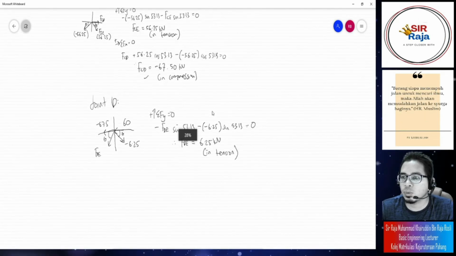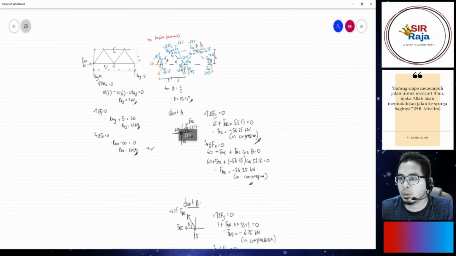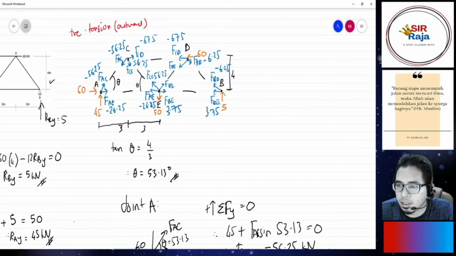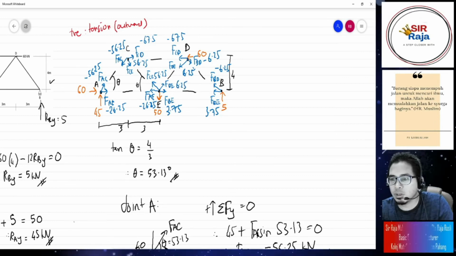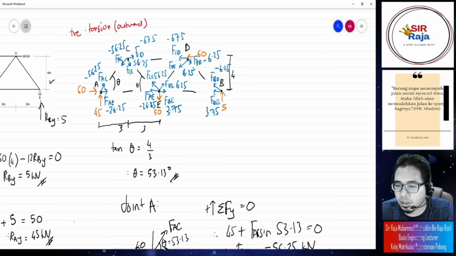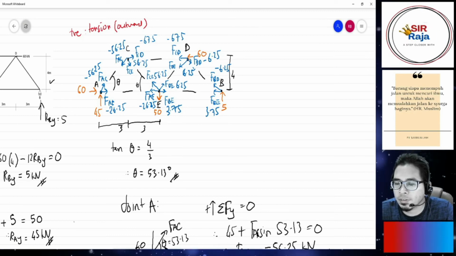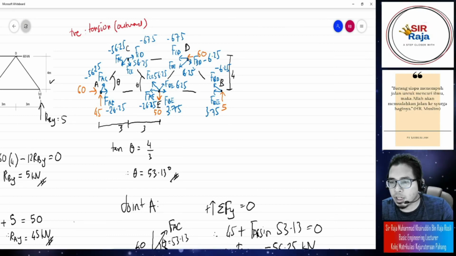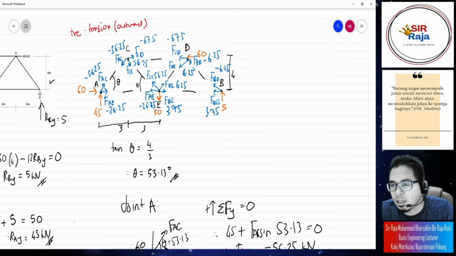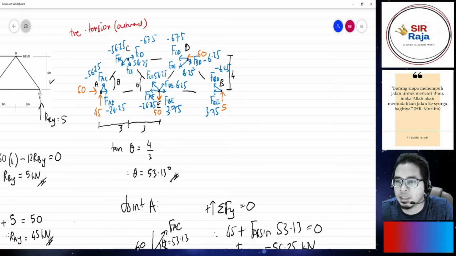So just go back to our exploded diagram here, and we're going to label it back here. So FDE here is 6.25, and FDE also 6.25. Okay. So students, if you see from our diagram, now at our joint E, we have FAE already, we have FBE already, we have FDE and FC. Before, I said we're going to use joint E to check whether our answer is correct or not, whether we have any mistake whatsoever.